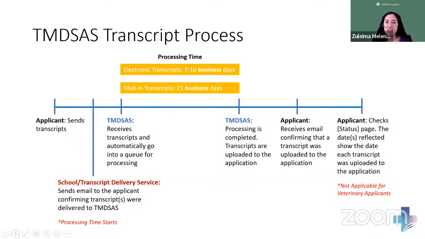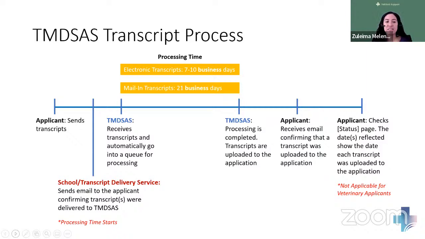As of the 26th, and since it was sent in electronically, you'll want to use this day of the 26th and count 7 to 10 business days. So not including the weekends, but 7 to 10 business days to get an idea of when you can expect to receive an email confirmation from TMDSAS that your transcript has been processed and uploaded to the application.